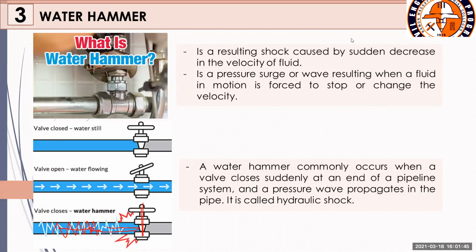As you can see in this first diagram, the water is still, meaning stable, since the valve is closed. Nothing is happening yet. It is like your faucet: if it is closed, no water comes out. But once you turn on your faucet, the water flows out of the faucet, so it is flowing and has momentum.